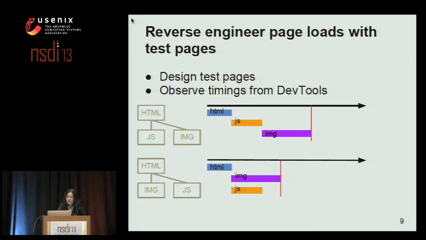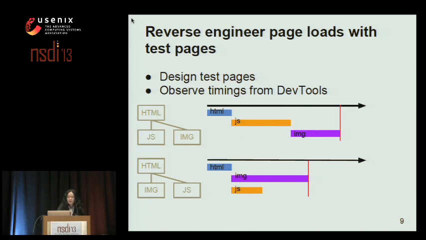So for the first page, we can see that loading this image waits until the JavaScript is loaded. But for the second page, loading this JavaScript does not need to wait until the image is loaded. And if we delay loading the JavaScript on the first page, the image is delayed as well. But on the second page, if we delay loading this image, the JavaScript is not delayed.